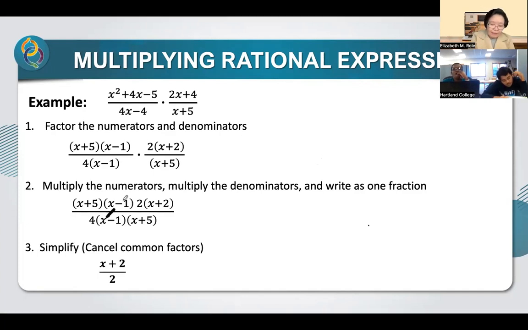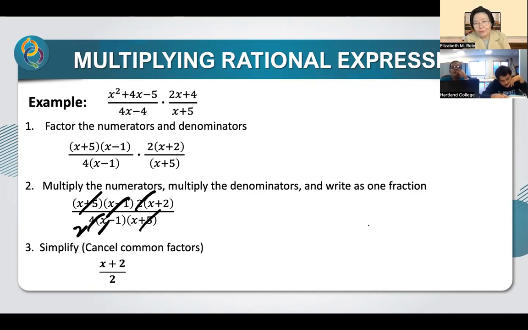So what remains? Of course, you have a 2 and a 4 down there. And so we can cancel out the 2, but there's a 2 remaining when we divide 4 by 2. And so our final answer will now be x plus 2 over 2.